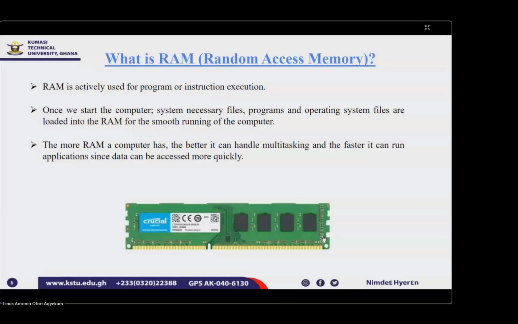Now, to continue talking about RAM, once we start the computer, system files, programs, and operating system files are loaded into the RAM. Now, these are normally loaded from a permanent memory into the primary memory for smooth running of the computer.